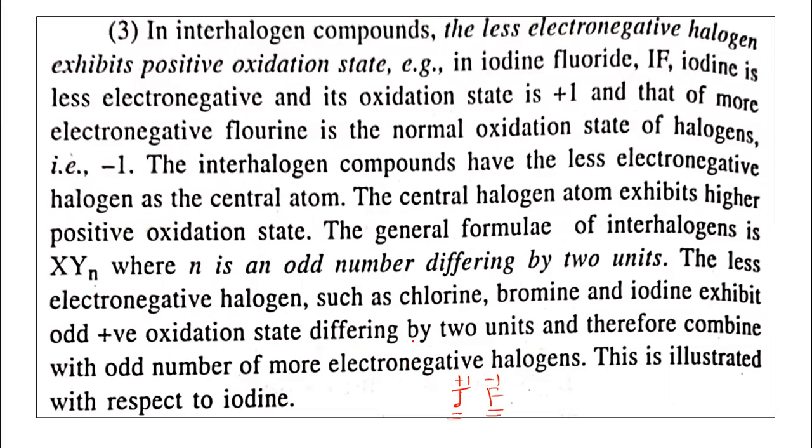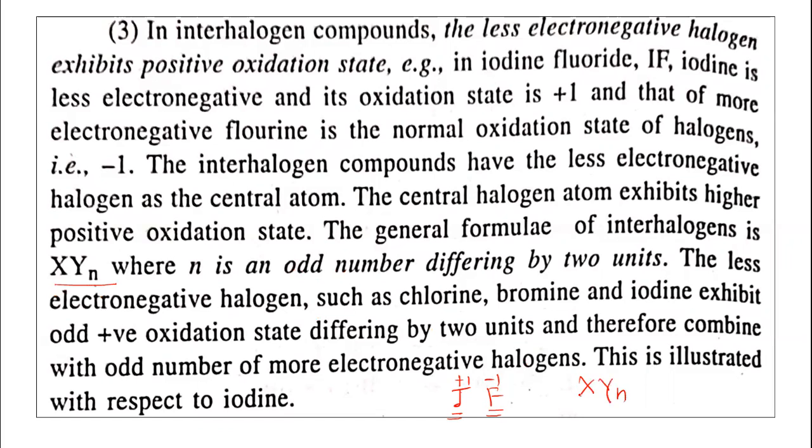The interhalogen compounds have the less electronegative halogen as the central atom. In the formation of the interhalogen compounds, the central halogen atom is the less electronegative halogen element. Okay, the central halogen atom exhibits a higher positive oxidation state. As we know, the general formula of the interhalogen compound is XYn.